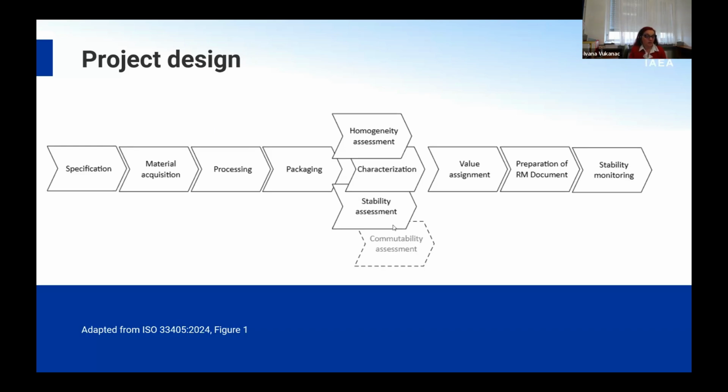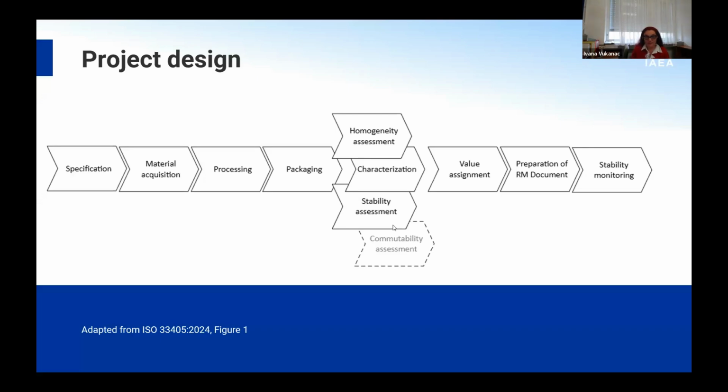It is followed, or done at the same time, by characterization of the material. And then after the characterization, we do value assignment and uncertainty assessment. After the preparation of reference material documents, an adequate post-release monitoring scheme needs to be followed.